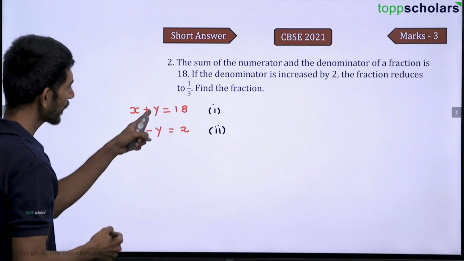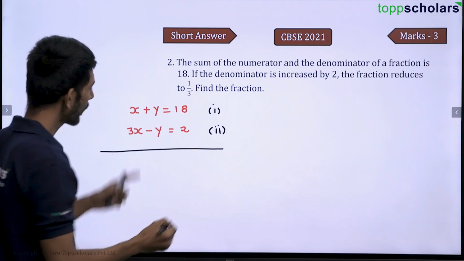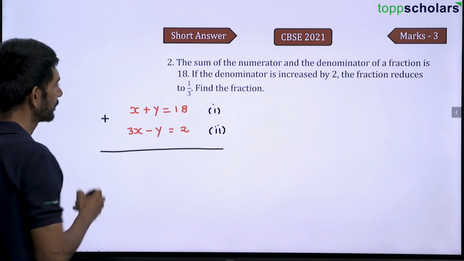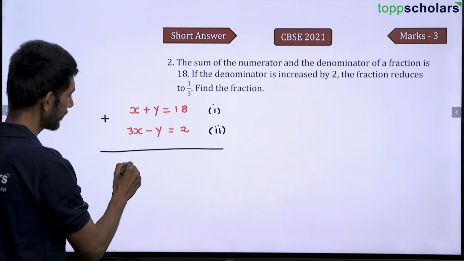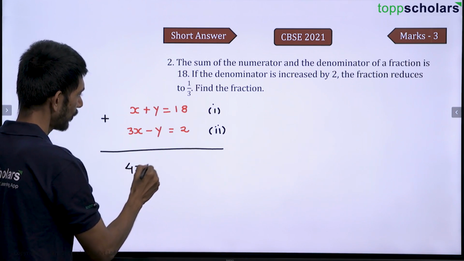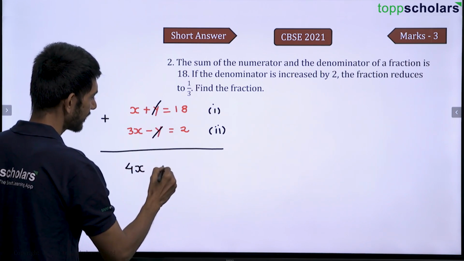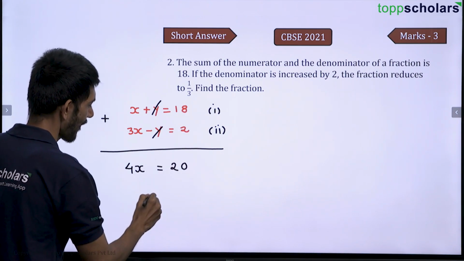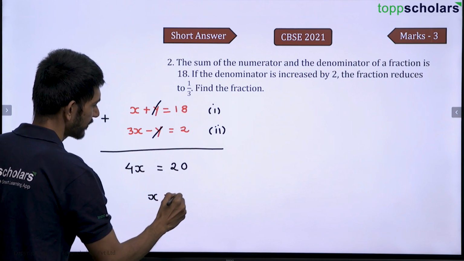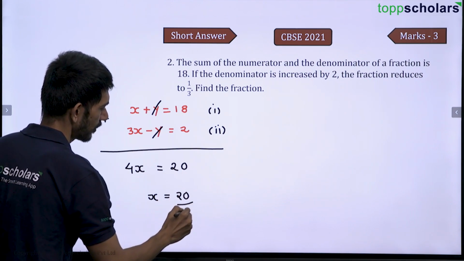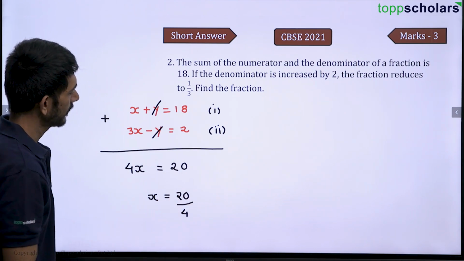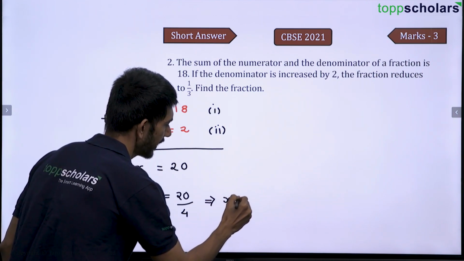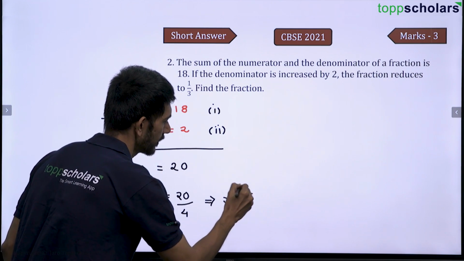To cancel out y, already the signs are opposite. Since the signs are opposite, I can add them. So x plus 3x is 4x, y gets cancelled, 18 plus 2 is 20. So x is equal to 20 by 4, which is 5. So x is equal to 5.